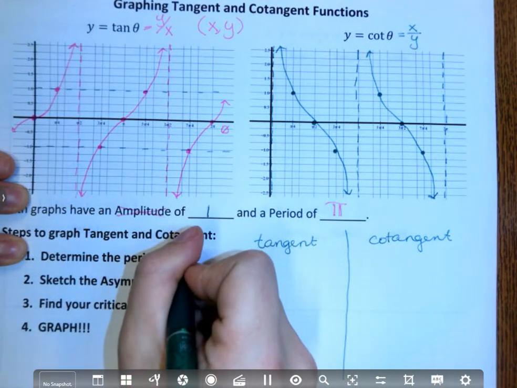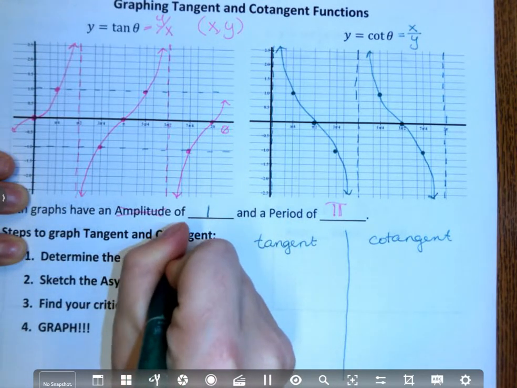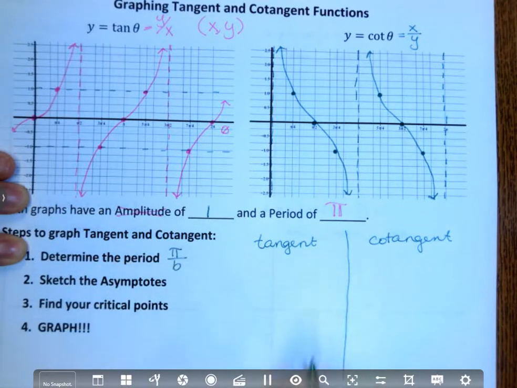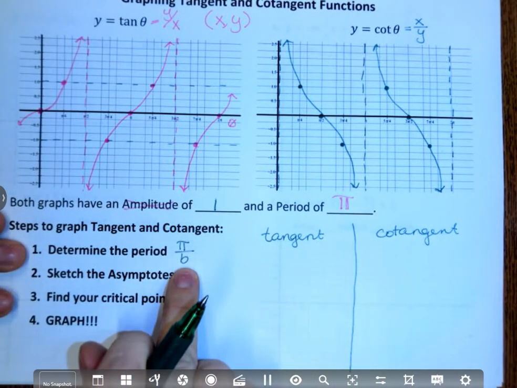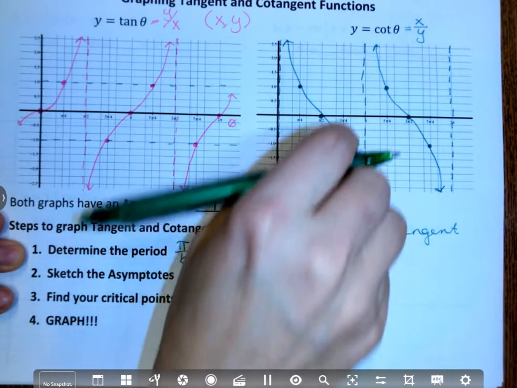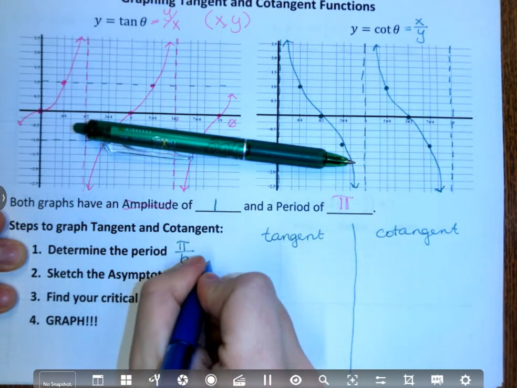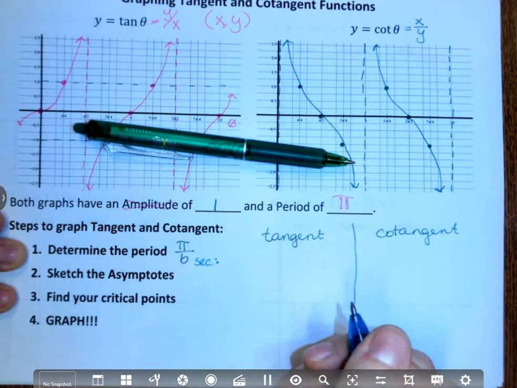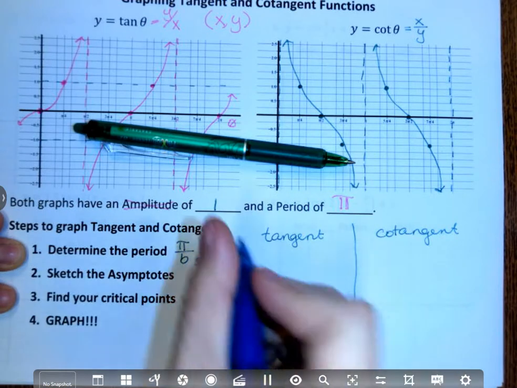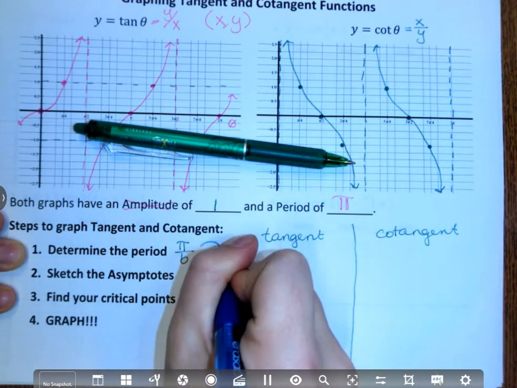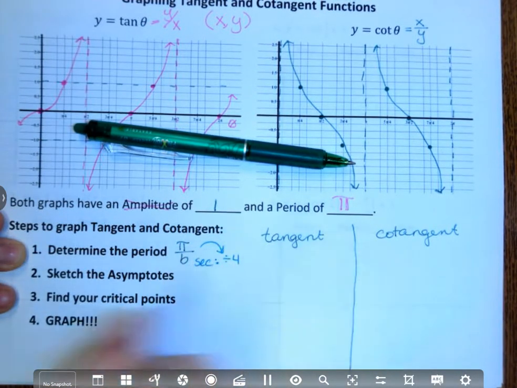And just like with the sine and cosine, if you have a b, to determine your period, you're going to divide that by b. For each of your sections, what will you do? Take whatever you get for your period and divide it by 4.